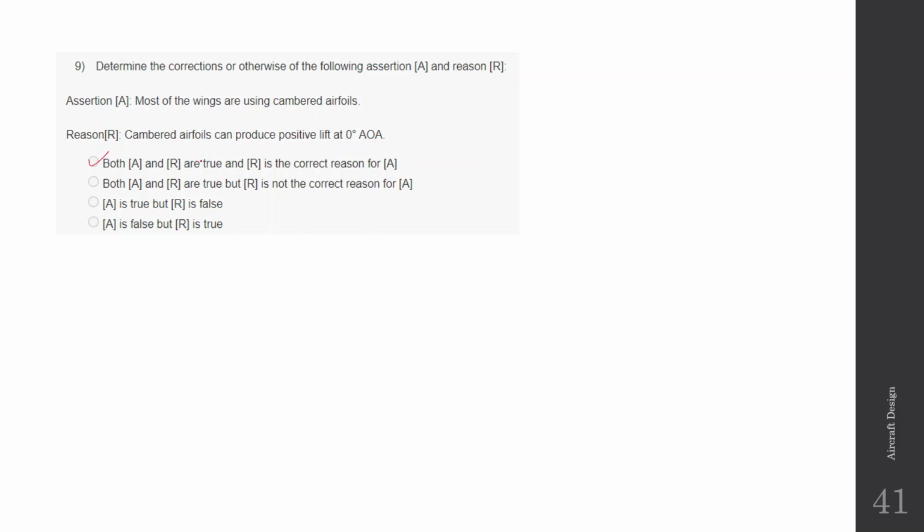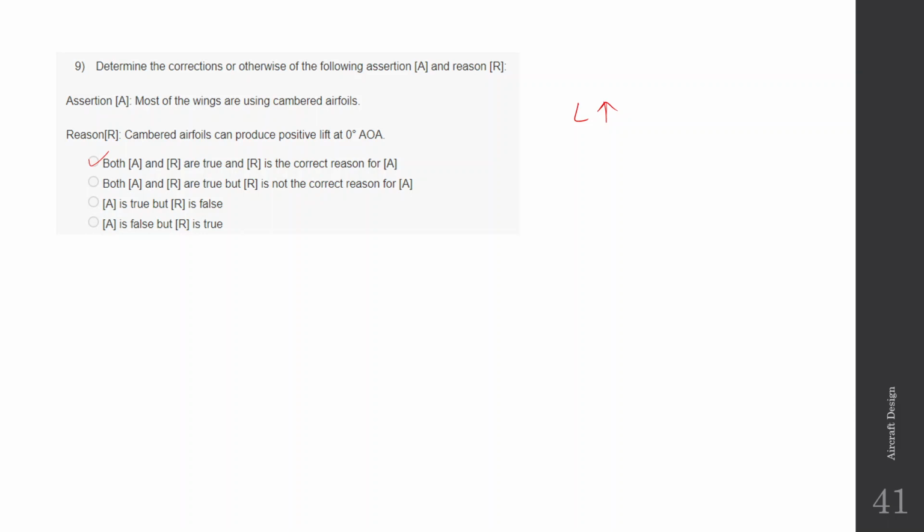Yes, most of the wings are using cambered aerofoils. So this is true. Most of the wings do use cambered aerofoils. Why? Because cambered aerofoils produce more lift compared to symmetric ones. So we use cambered aerofoils.